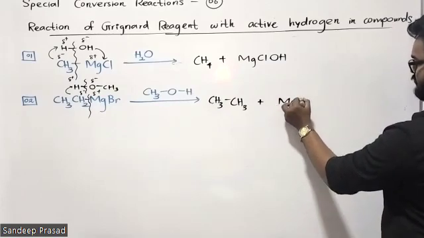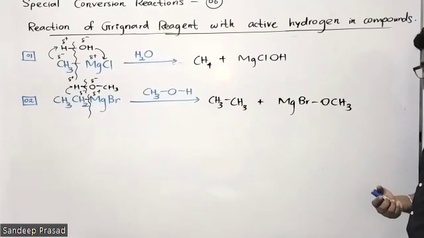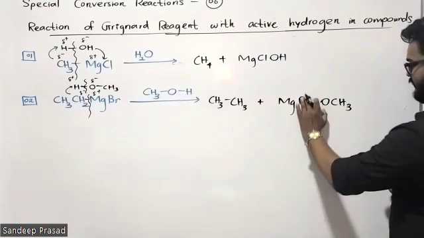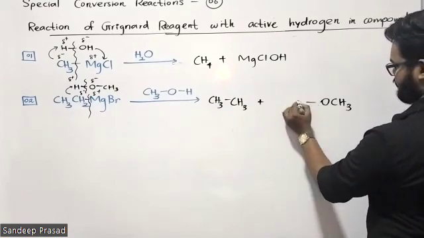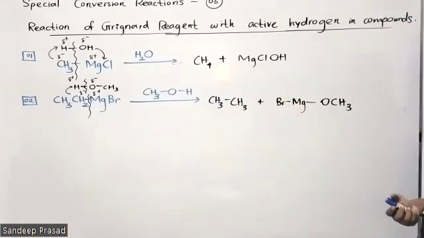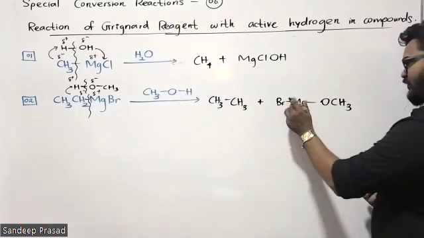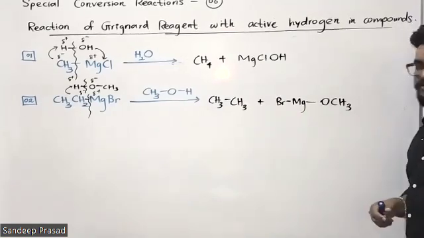MgBr and OCH3. Actually, that should be written like this: Mg should come here and Br should be written like this. So we don't have to worry about that byproduct here. You can write this compound as you wish.